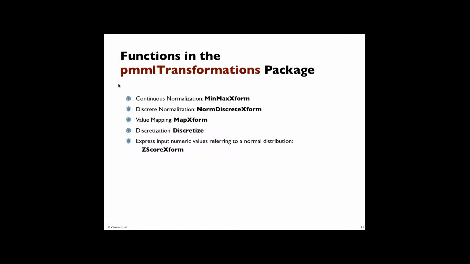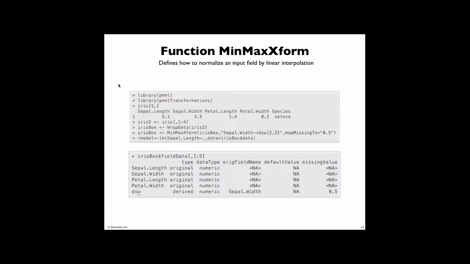And finally, we have implemented a z-score transform. Just because it's so popular, it's just another form of a linear transformation. And it's most frequently used when the modeler prefers to refer to the data as if it's Gaussian distributed data.